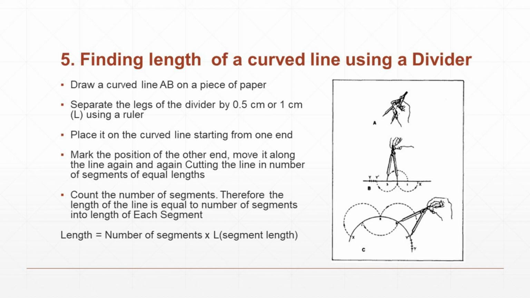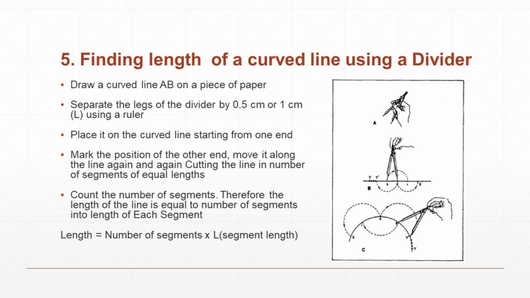Once again, I will repeat. Measuring the length of a curved line using a divider. Draw a curved line AB on a piece of paper. Separate the legs of the divider by 0.5 centimeter or 1 centimeter using a ruler. Place it on the curved line starting from one end.